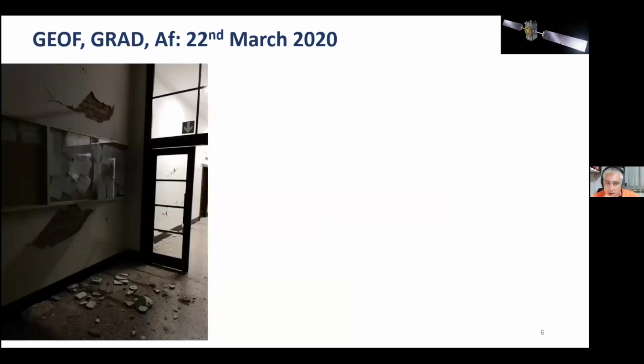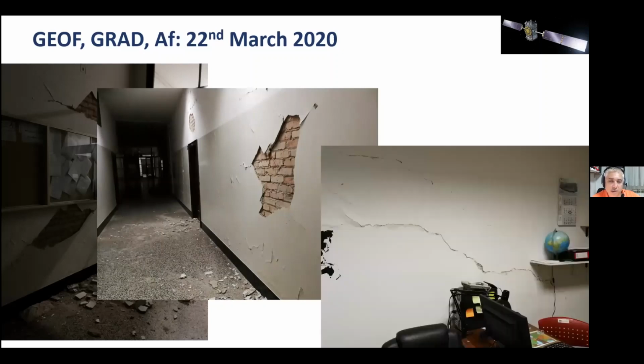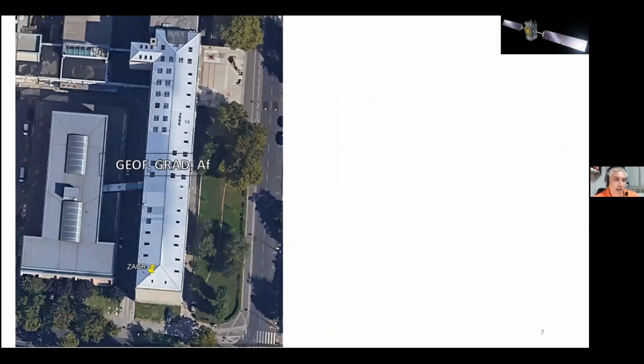This is how the interior of the faculty building looked in the evening of that 22nd of March. Of course, there was some damage, but the overall stability of the building was not compromised.